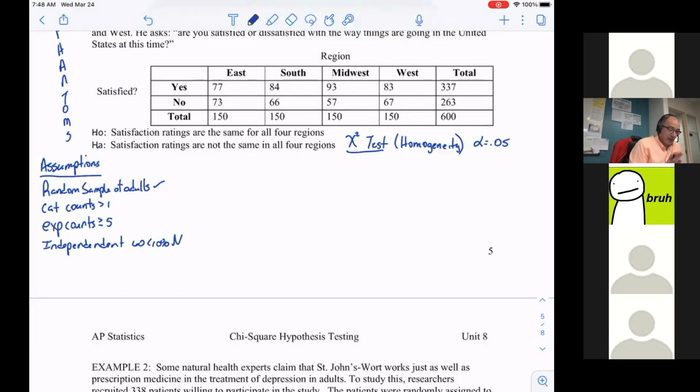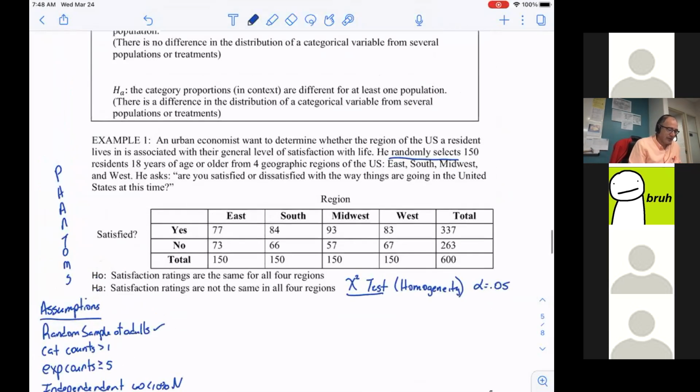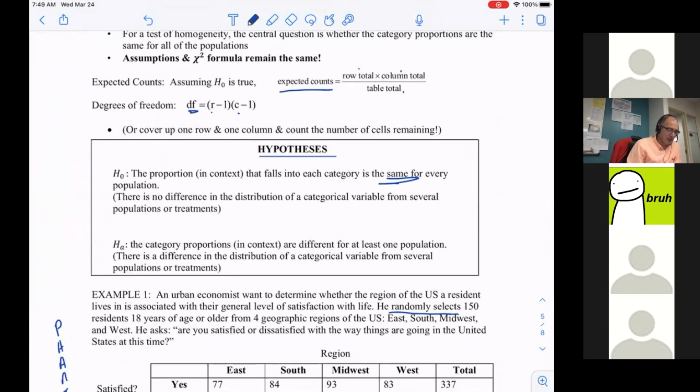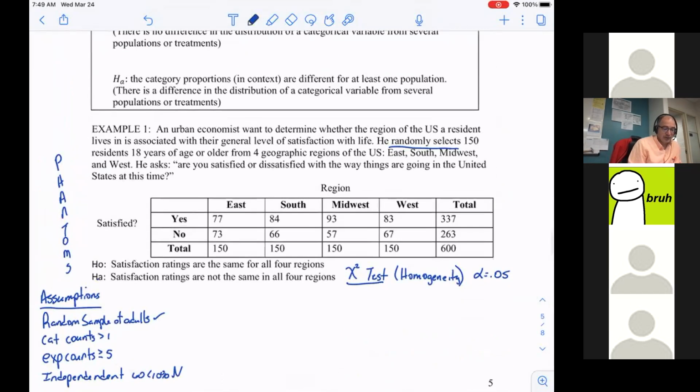in a chi-squared test. No matter which test it is, whether it's goodness of fit, homogeneity, or independence, you have to list the expected outcomes. Okay, so up above, we said all these expected outcomes were row total times column total over table total. So what we're expecting is, in other words, we're expecting everything to be independent here. Okay, meaning the proportions are going to be the same throughout.